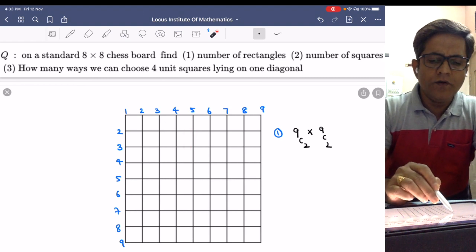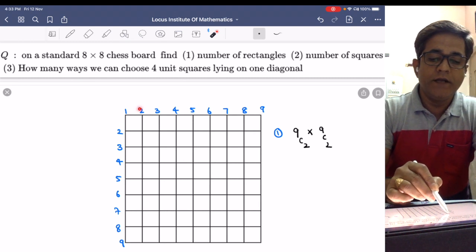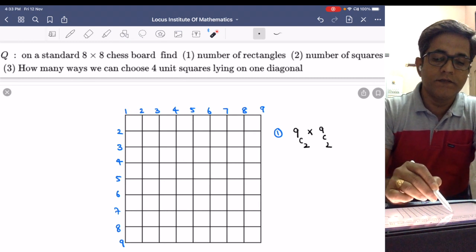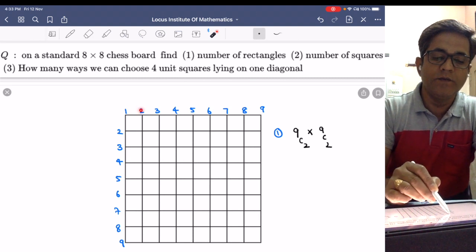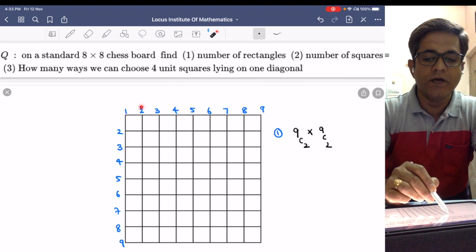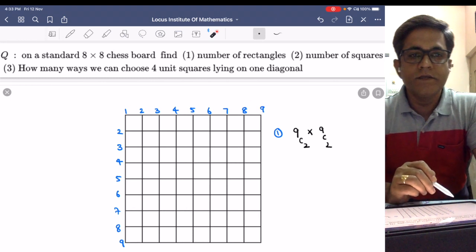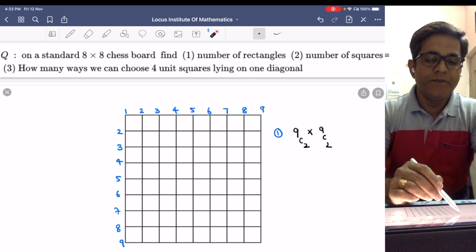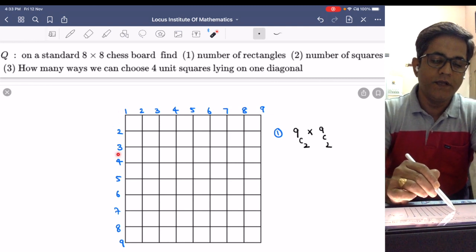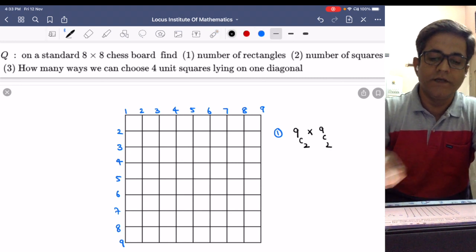So to find the number of unit squares, you write the ordered pairs with 1 unit gap. Vertically, how many ordered pairs will be there with 1 unit gap? 1 comma 2, 2 comma 3, 3 comma 4, etc., 8 comma 9. That is 8 ordered pairs. Similarly, horizontally also 1 comma 2, 2 comma 3, 3 comma 4, etc., 8 comma 9. Therefore 8 ordered pairs horizontally.